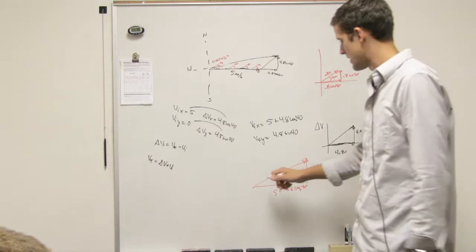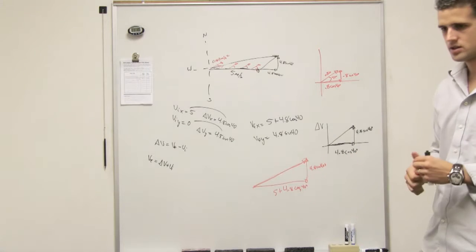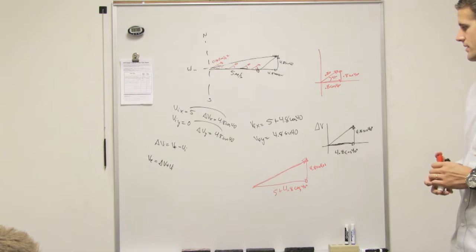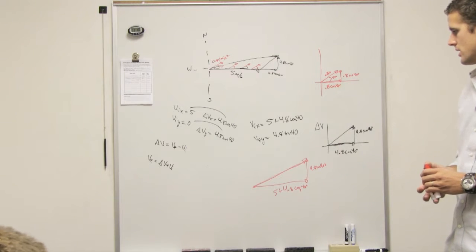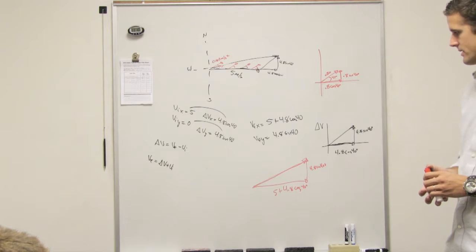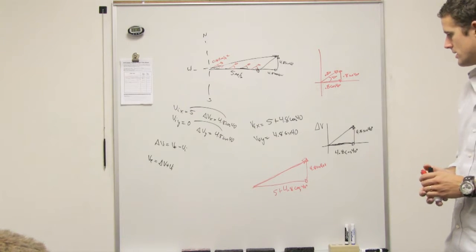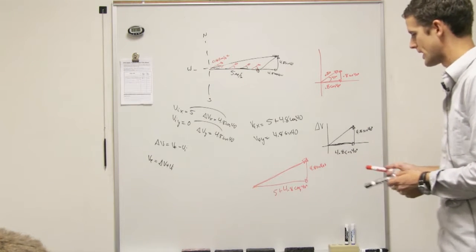Then the total speed is the length of this one, right? Oh, that vector. So how do you find the length of that one? You add those together. Yeah, it's the square root of the sum of squares, like Pythagorean theorem.